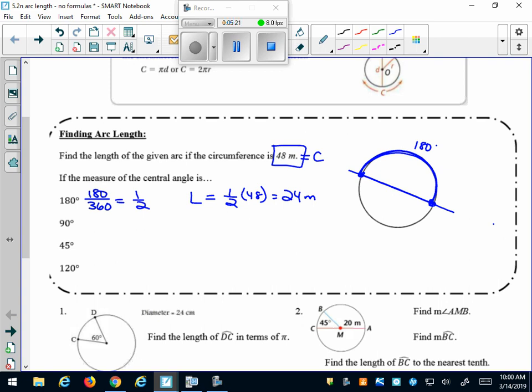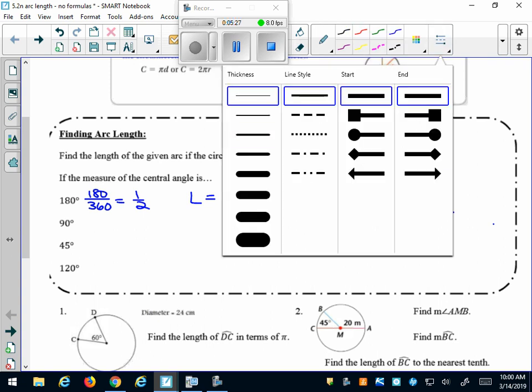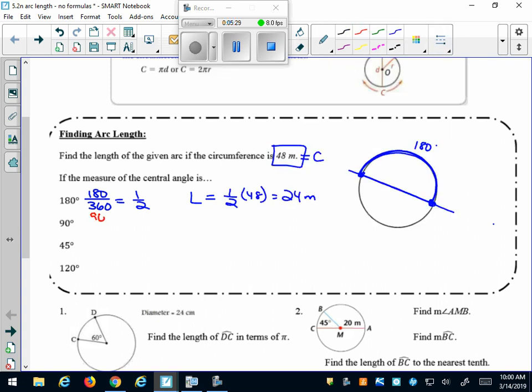All right, let's do the next one. The next one is 90 degrees. If we have 90 degrees out of 360, again, what fractional part is that? 1/4. So the length of the arc from here to here is 1/4 of 48. What's 1/4 of 48? 12.